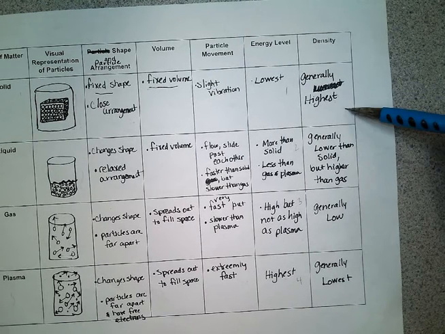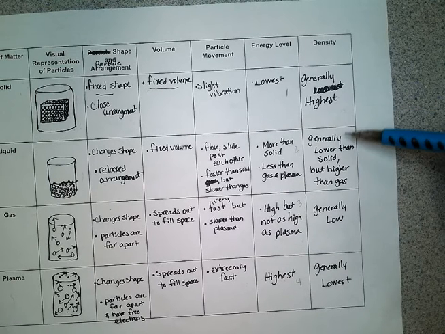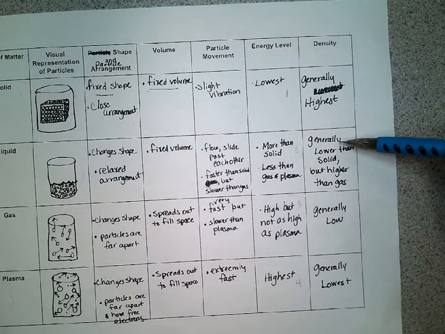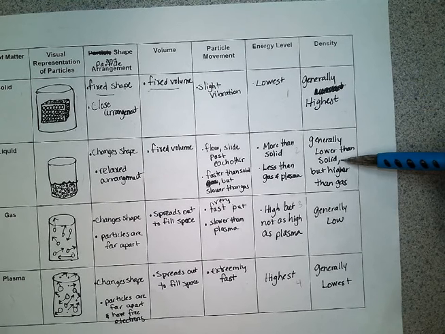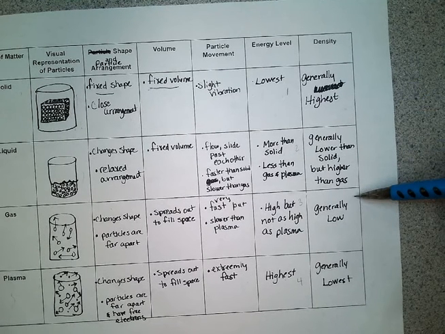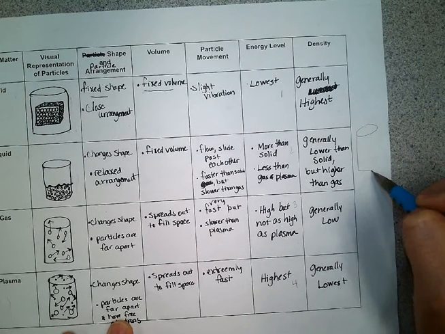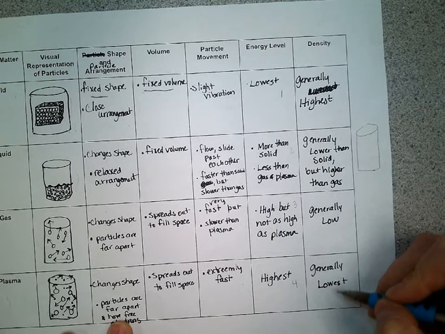There's more stuff. The particles are closer together. Generally the liquid has a lower density than a solid, so it would float on top of the solids, but higher than a gas, so it would sink underneath the gas. So think about it, if I had a jar again of gold, and I had gold in all of these states of matter, I would have my chunk of gold down here at the bottom.